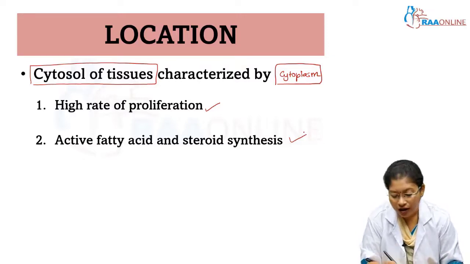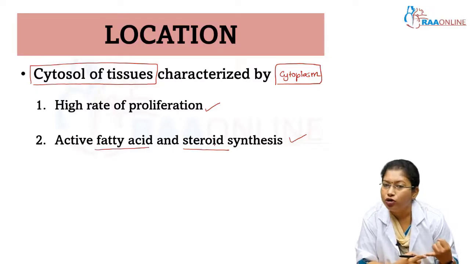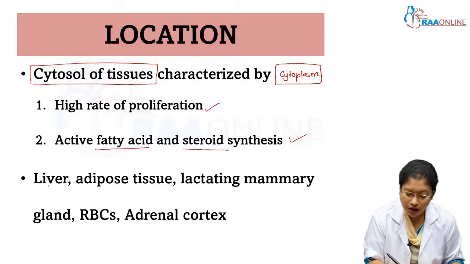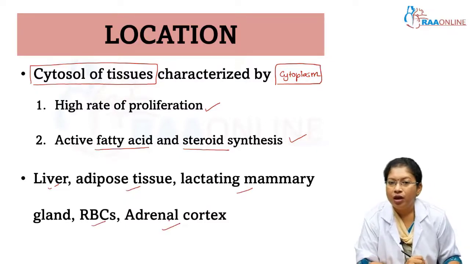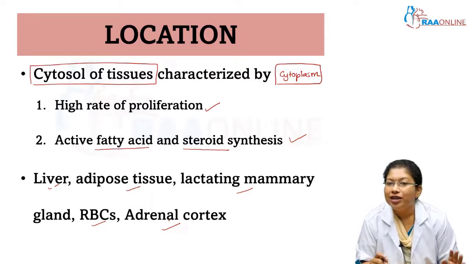Where can you find the active fatty acid and steroid synthesis? In the adipose tissue, lactating mammary gland, adrenal cortex. So, it takes place in liver, adipose tissue, lactating mammary gland, RBC and adrenal cortex. So, this is the location where the HMP Shunt Pathway is going to take place.